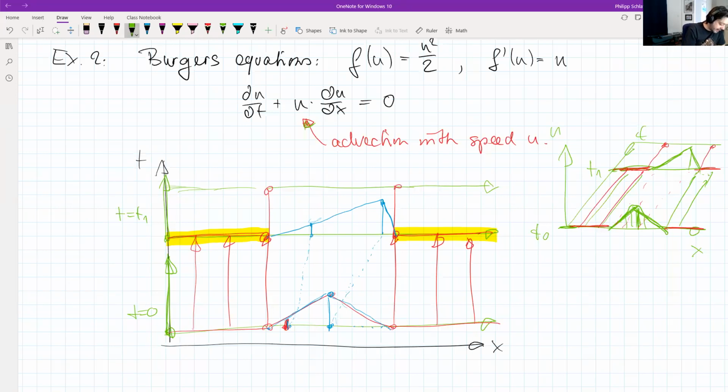Well, this tip here would of course continue to lean to the right. So at some point, and that's now the issue, these characteristics from the center would start to hit the vertical characteristics. At this point, the ray starting from the center would hit this line.